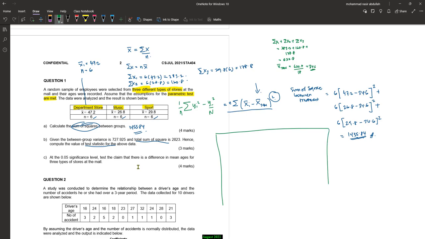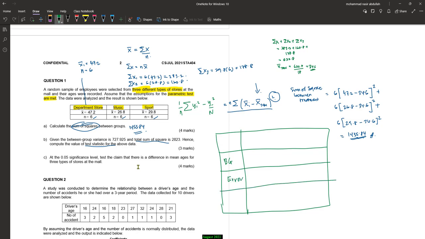So we are going to have the variance, which is between group, error, and the last one is total.